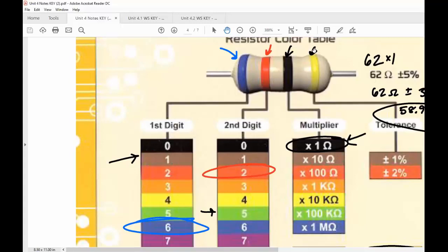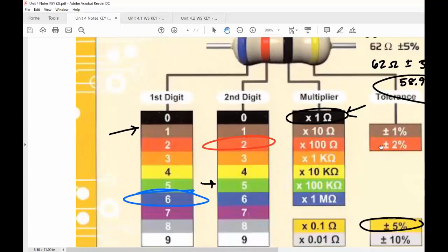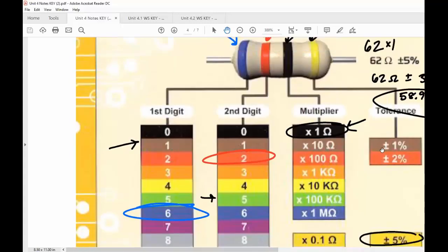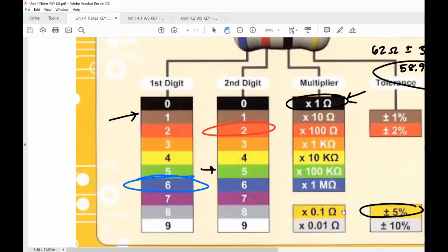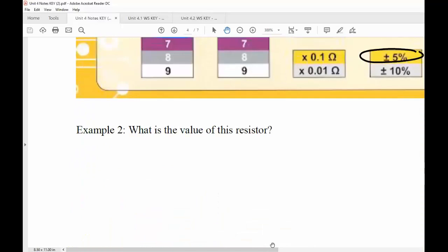So there's a tolerance here, and the tolerance on this one is 5%. So they're telling us this resistor is probably 62 ohms, but we'll guarantee it's within 5% of 62 ohms. So when you're building your circuits, you kind of know. And yes, you can pay more for better resistors.